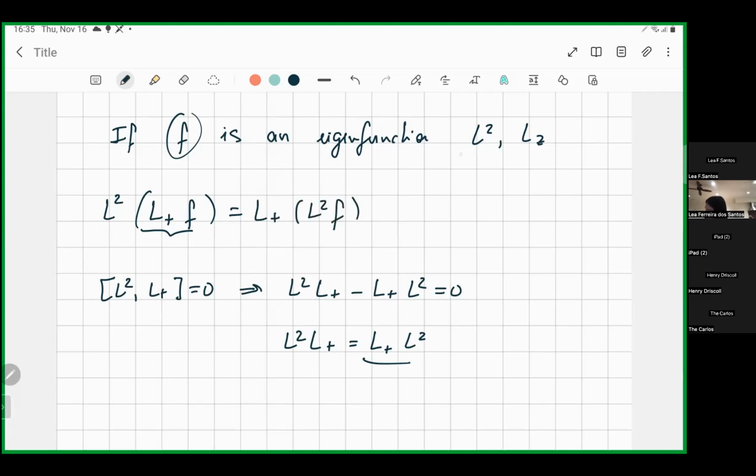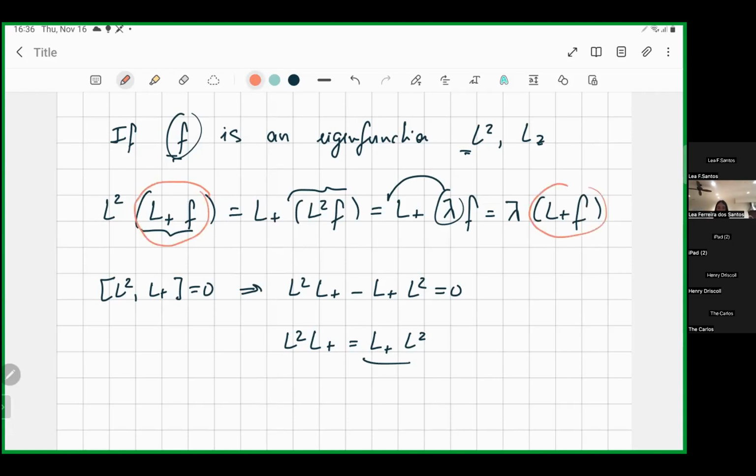Well, I said that F is an eigenfunction of L squared. So this means L plus lambda F. But lambda is just a number, I can move it, and I have lambda times L plus F. So you see, this new function is an eigenfunction of L squared. Good.